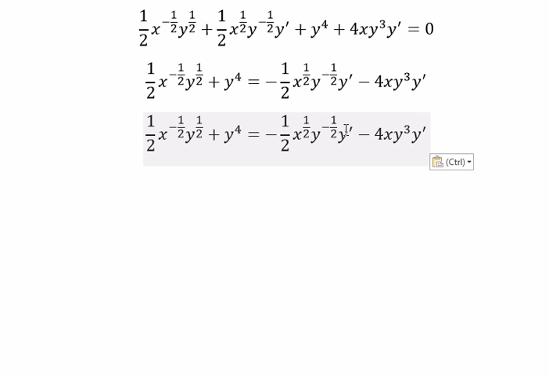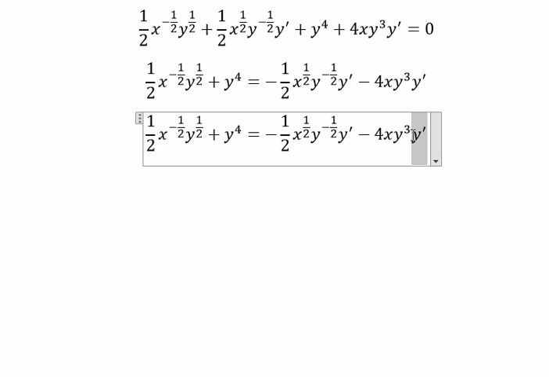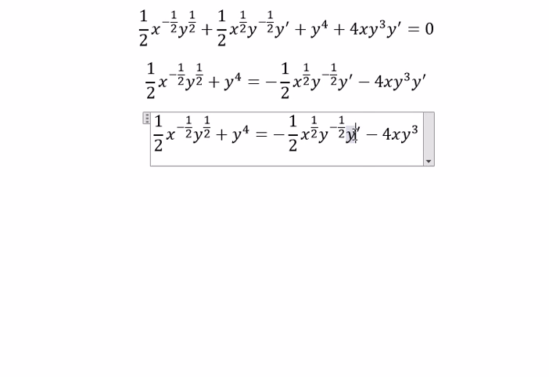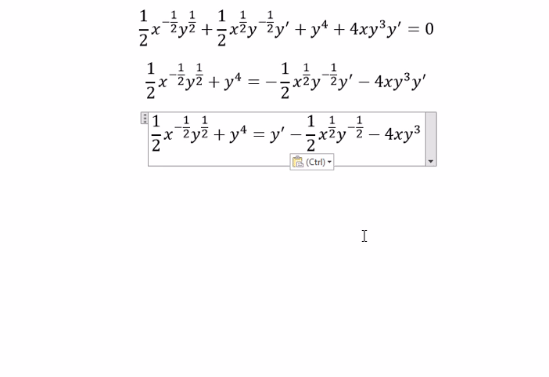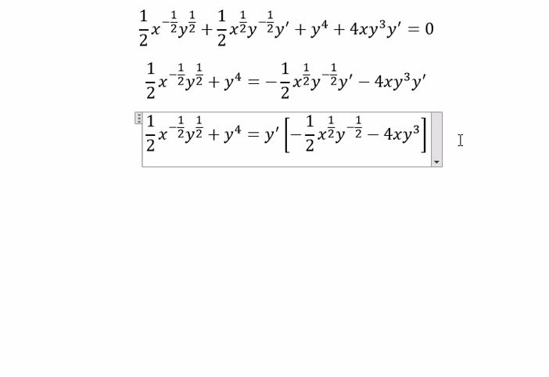We can do factorization with the first derivative of y. So we can get the final answer.